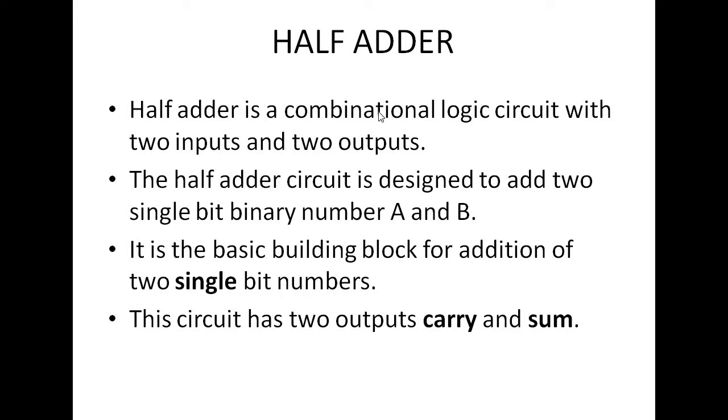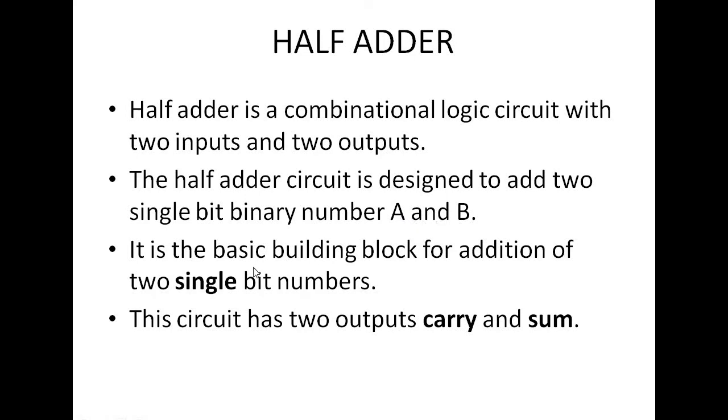Okay, so see what is written here. Half adder is a combinational circuit. First point: half adder is nothing but a combinational circuit with 2 inputs and 2 outputs. Why 2 inputs? Because it adds 2 numbers. The half adder circuit is designed to add 2 single bit binary numbers, A and B, as I have already told you.